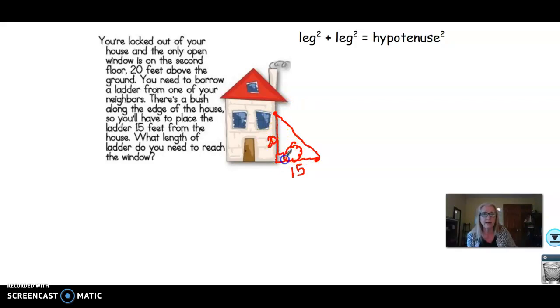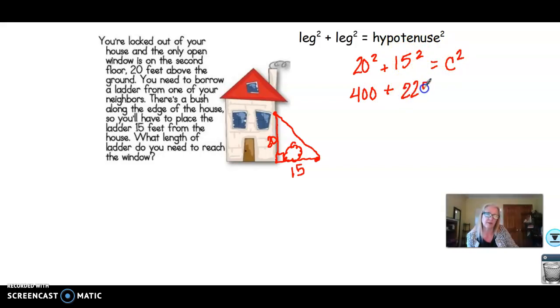Well, this is our right angle here. And so these are both legs. 20 and 15 are both legs. So we do leg squared plus the other leg squared equals the side we're trying to find squared. 20 squared is 400. 15 squared is 225 equals c squared. 400 plus 225 is 625.